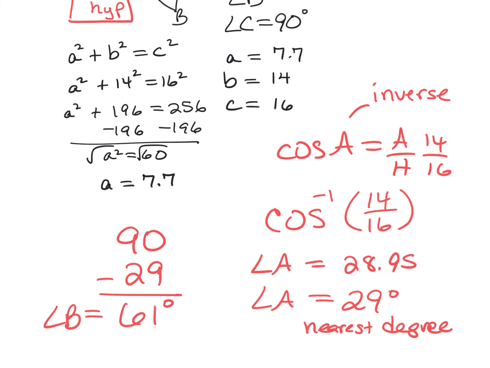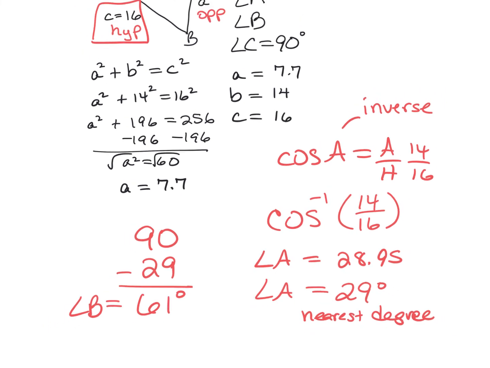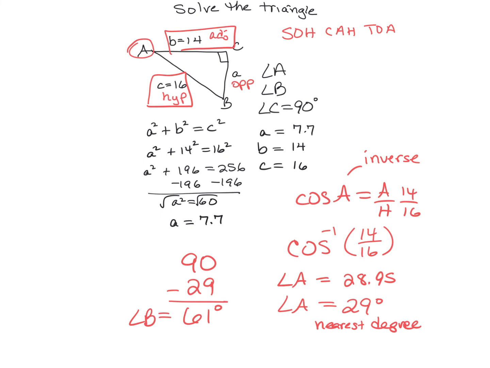Now, if you wanted to double check it with another trig ratio, then I'm going to go back to my original picture, and I need to label the sides in relation to B. So now, here's B. This is now opposite, and this is now adjacent here. But I'm going to use just the opposite and the hypotenuse. Again, the original numbers.